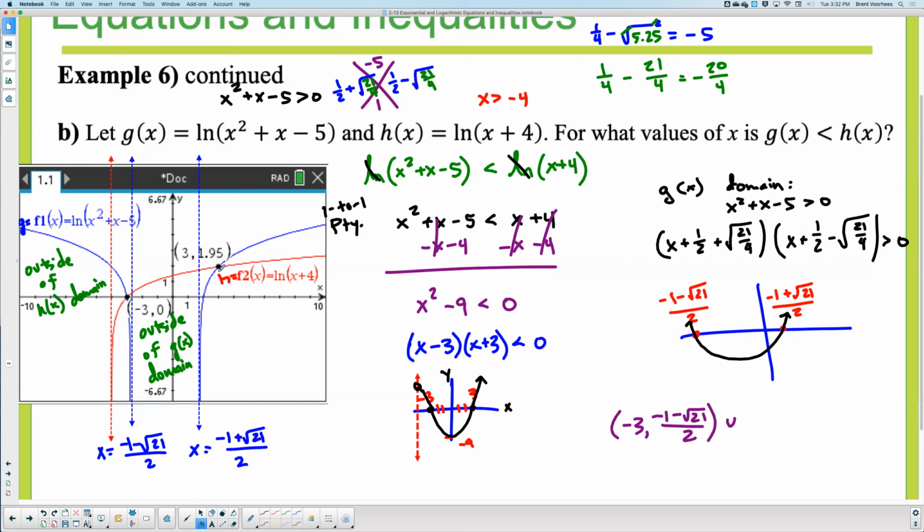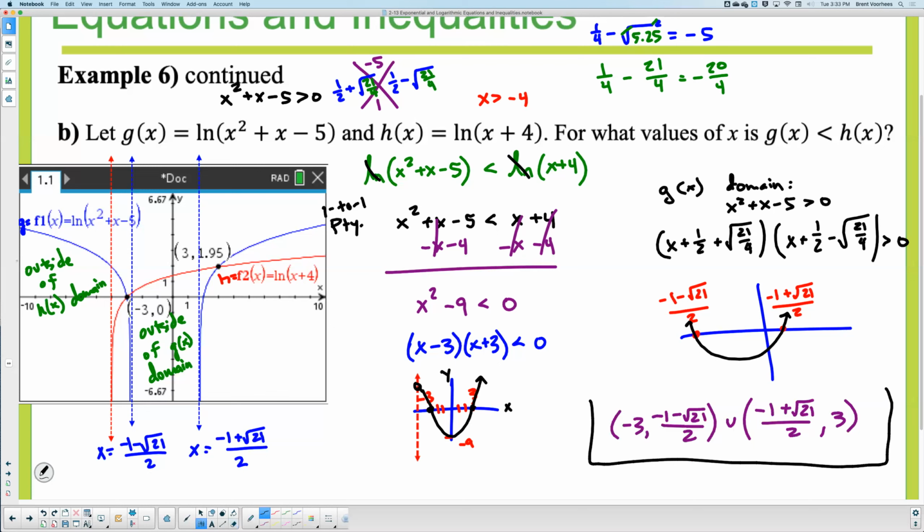And then over here, blue is also underneath red. From this point, -1 plus square root of 21 over 2, comma, up until that point, which is at 3. That's your solution set. Goodness, that's crazy.